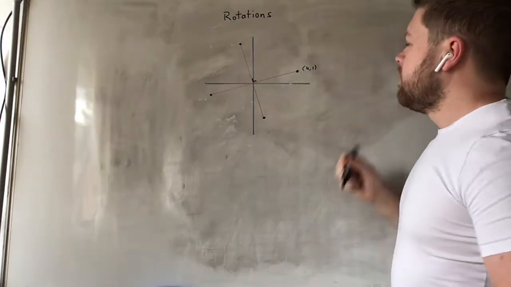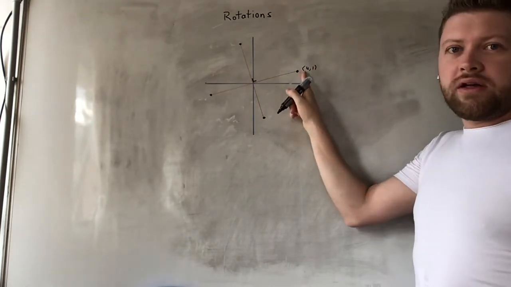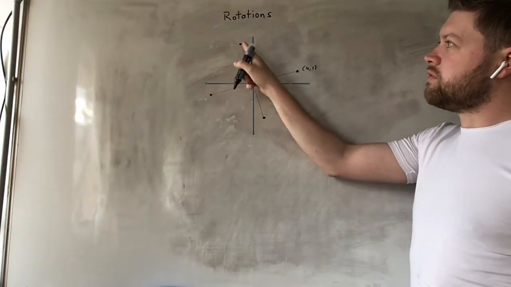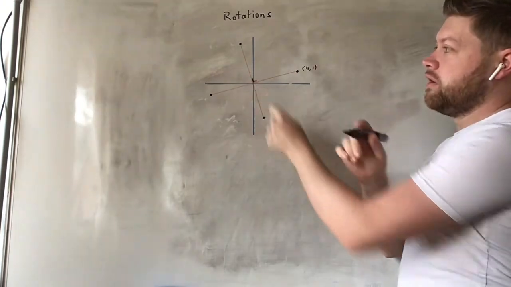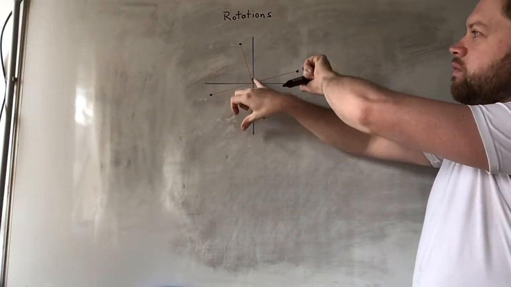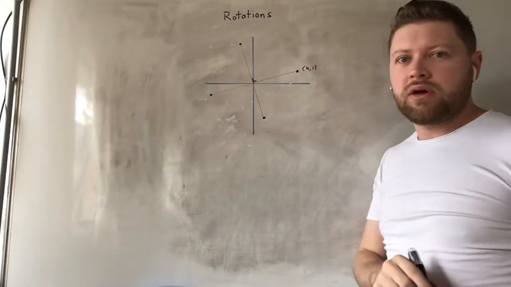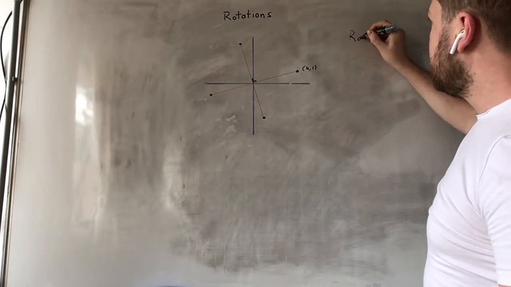The point is 4, 1, and as the first rotation we're going to do a rotation of 90 degrees. The axis of rotation is the origin here. If you imagine putting your finger here and holding it, the point would rotate around the center, or around the origin.